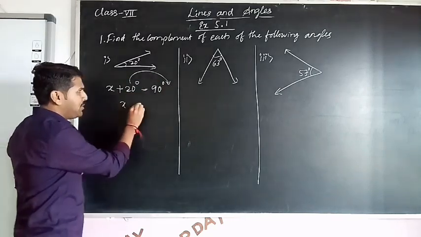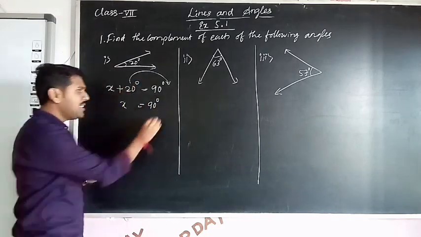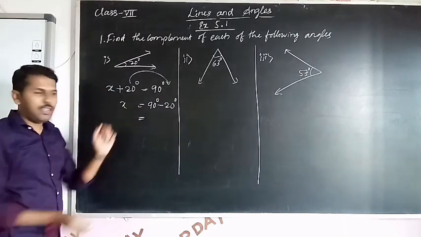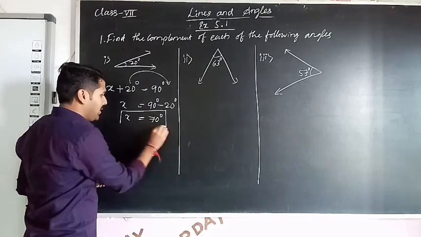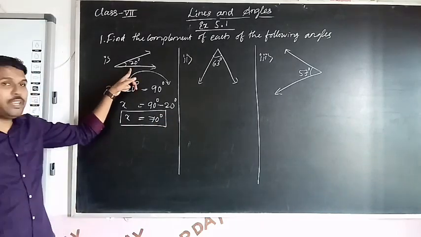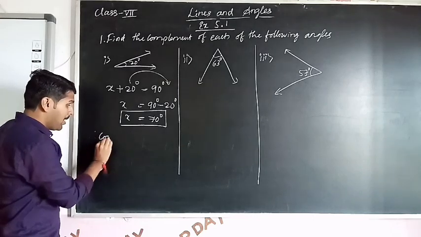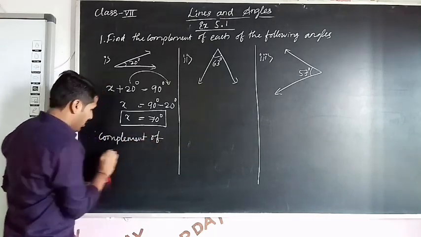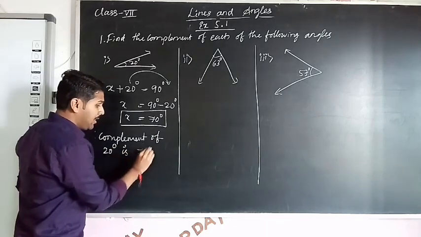So x equals 90 degrees, and here plus becomes minus: 90 minus 20. So x equals 70. So the complement of 20 degrees is 70 degrees.